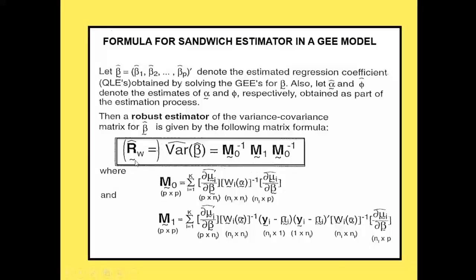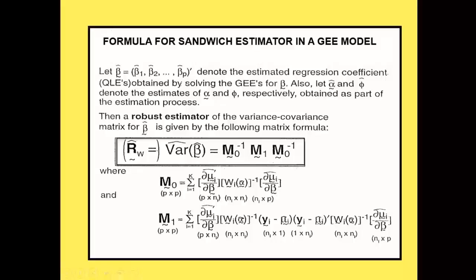The R stands for a variance covariance matrix, a variance covariance matrix of a set of estimates of your regression coefficients. It's written mathematically as the product of three matrices, and you notice that the one on the left and the one on the right are exactly the same.